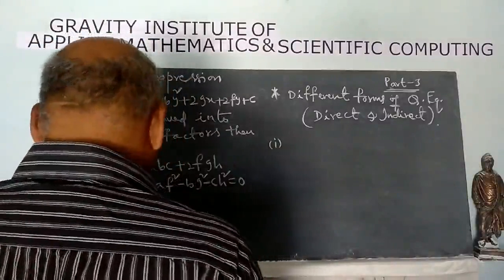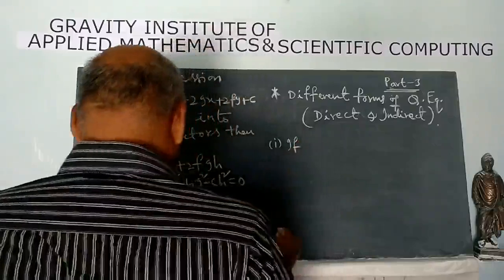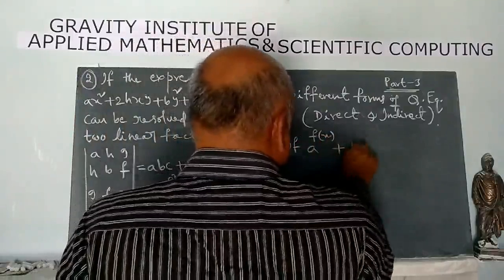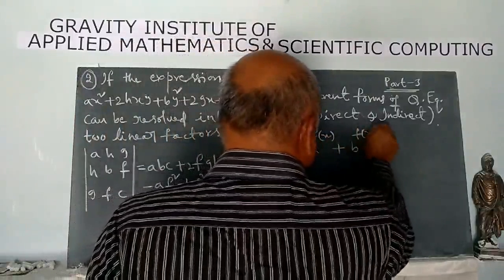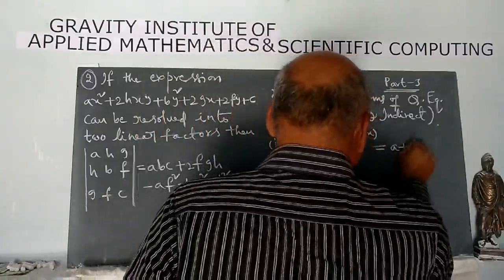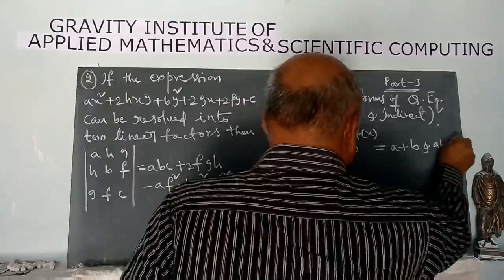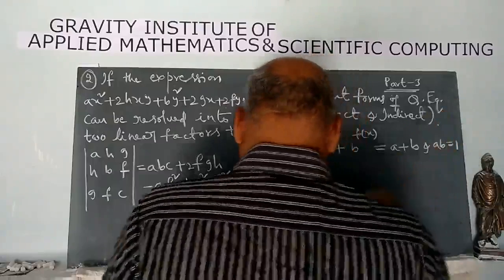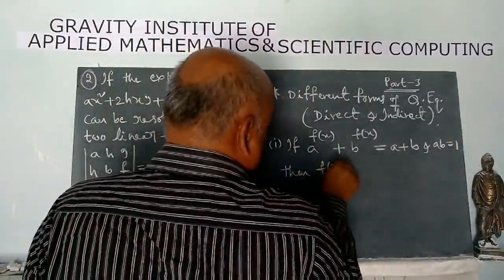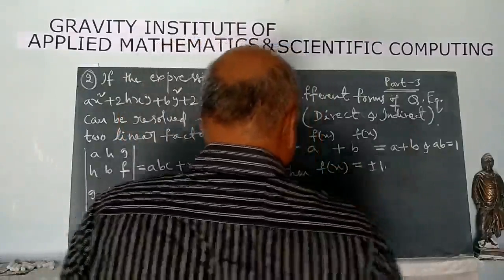In this, the first subpoint: if a to the power of f of x plus b to the power of f of x is equal to A plus B and AB is equal to 1, then f of x is equal to plus or minus 1.